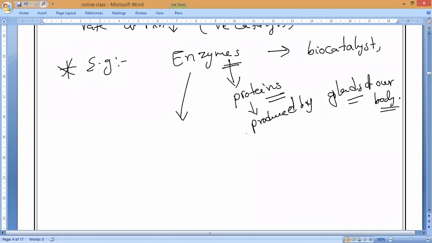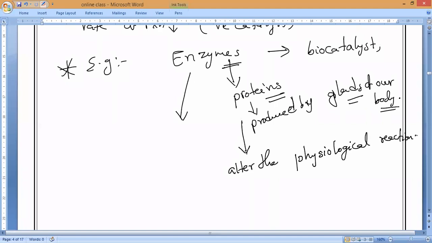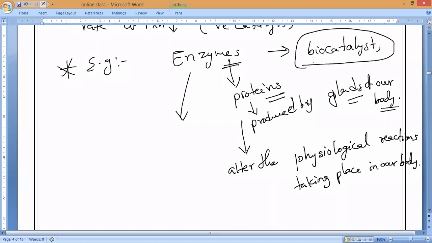These enzymes alter the physiological reactions taking place in our body. Clear, guys? That is why they are called biocatalysts.